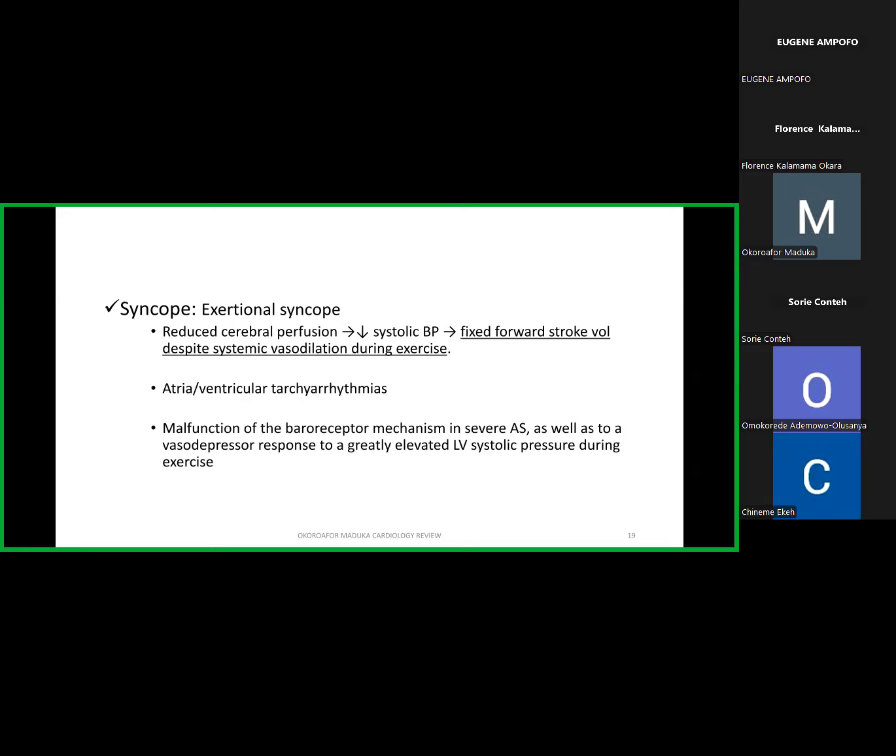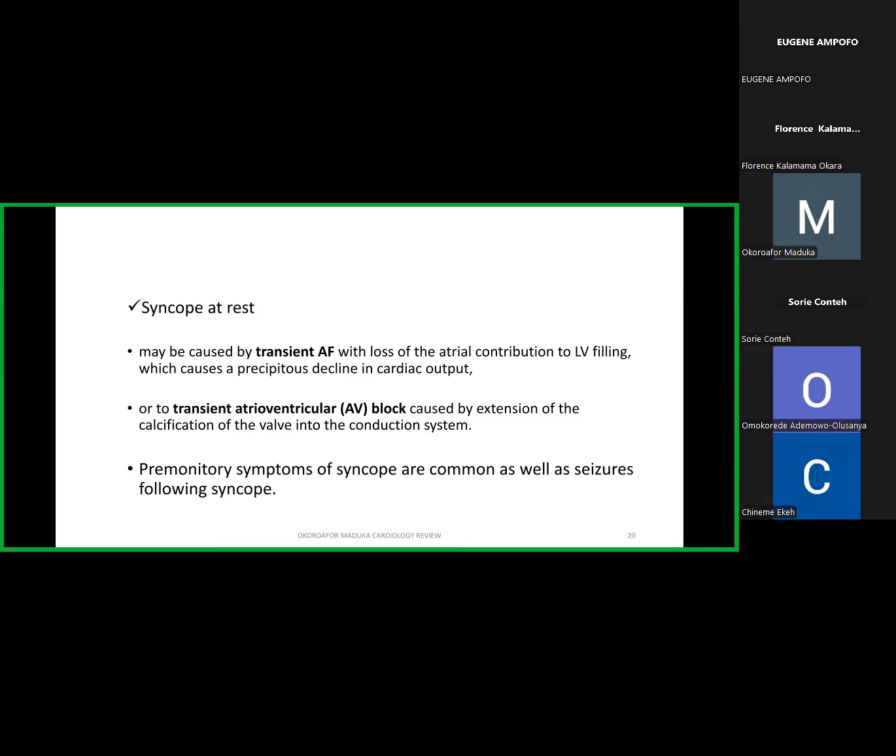Ideally, in a normal person, there should be a corresponding increase in ejection of blood. This does not happen. And so when they exert themselves, because of the fixed forward stroke, regardless of the vasodilation that takes place during exercise, there's reduced perfusion of blood to the brain, and they could present with syncope. For patients having syncope at rest, the mechanism is usually arrhythmias.